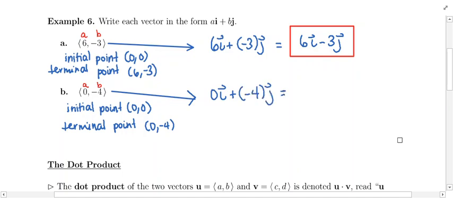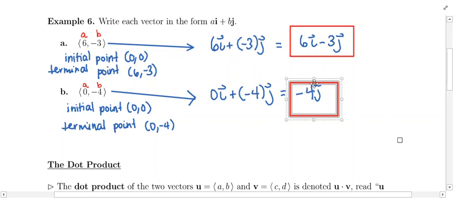Okay, if we simplify this, we're doing the scalar 0 here times a vector. Anything times 0 is going to go away. So we're just going to be left with the j component here. Okay, so plus a negative, we can just make that a minus. So this vector is going to be negative 4j. Okay, it's all in the vertical direction.